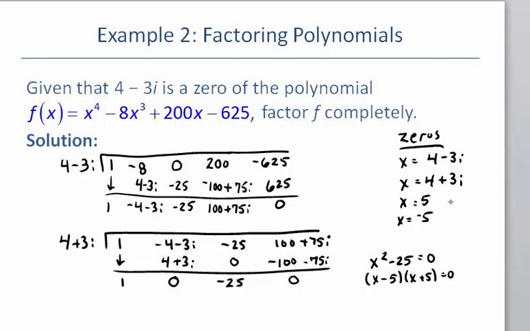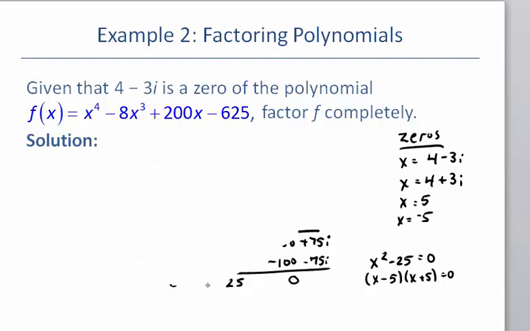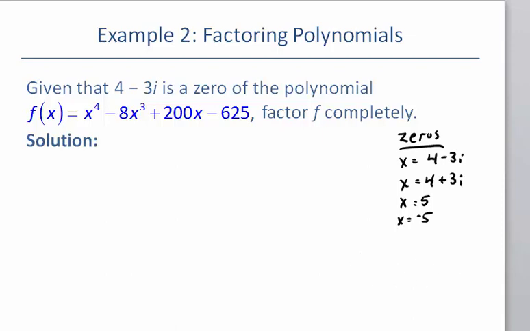Now, it asked me to completely factor, so now that I know my 4 zeros, I can set this up in factor form. So I can do a 0 for the negative 5, which will be x plus 5. I can do a 0 for the positive 5, which will be x minus 5. Okay, now the other two they work the same way, but they're just a little bit more tedious. So I'm going to do x minus, and in parentheses, I'm going to put my 0.